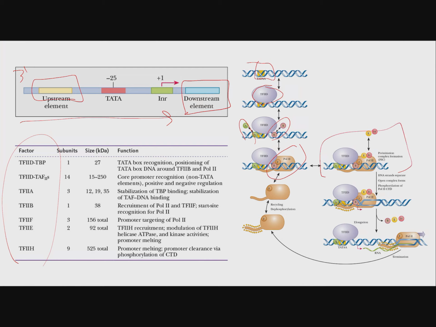The pre-initiation complex forms when we've got all of those 6 transcription factors and the RNA polymerase. It will form an open complex just like we did in prokaryotes when the DNA unwinds, and then elongation can start in a similar fashion to how it did with prokaryotes.